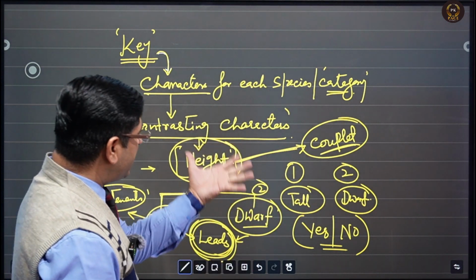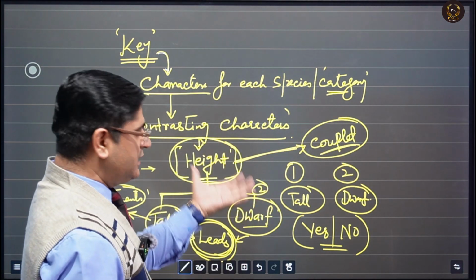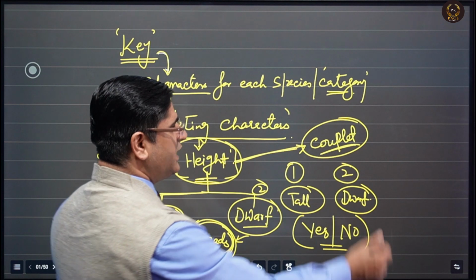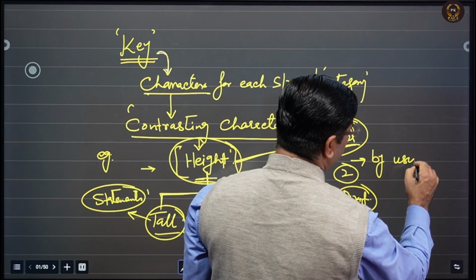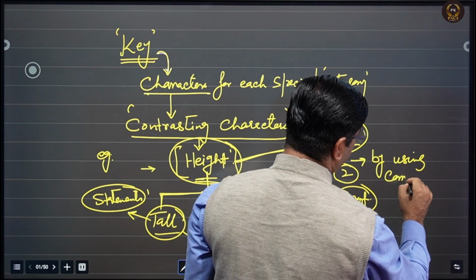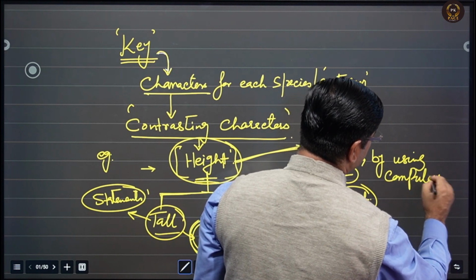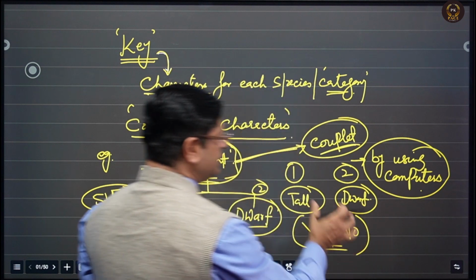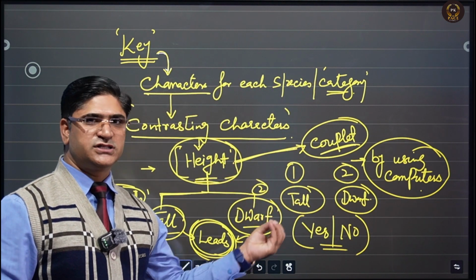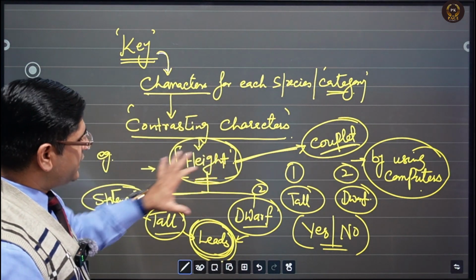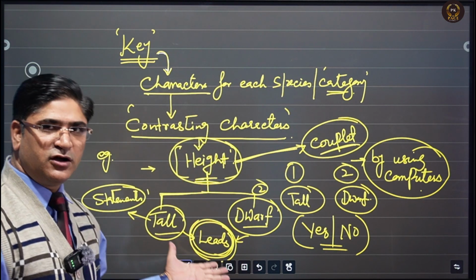By this system, this advanced system has been developed using computers. Inside the computer, such contrasting characters are designed, and every character has two statements, which are called leads.